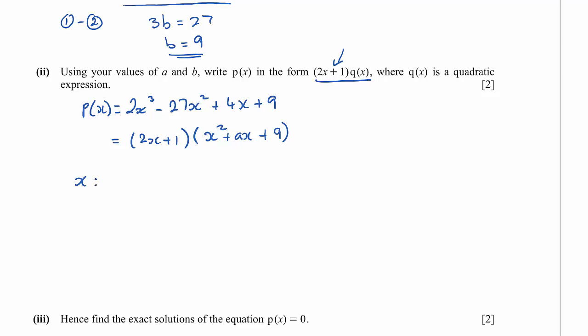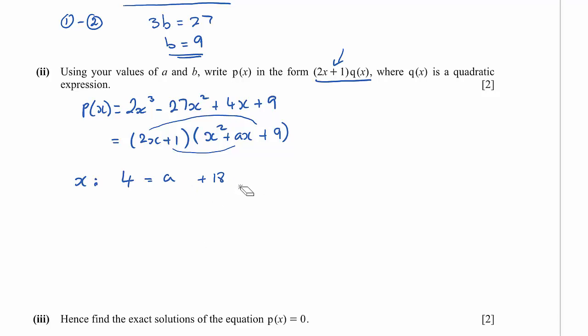Let's compare coefficients of x. So, in the original we have 4. What would give us an x from here? Well, we'd have an ax from here, and we'd have an 18x from there.